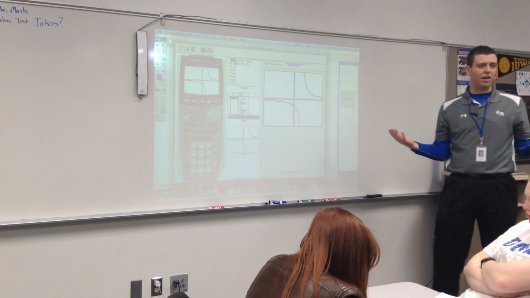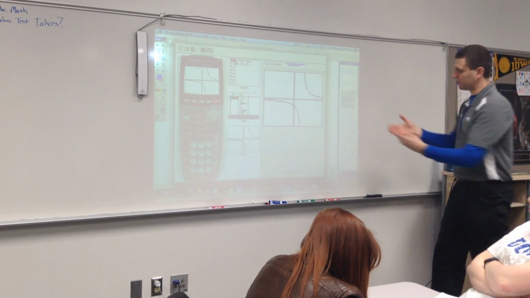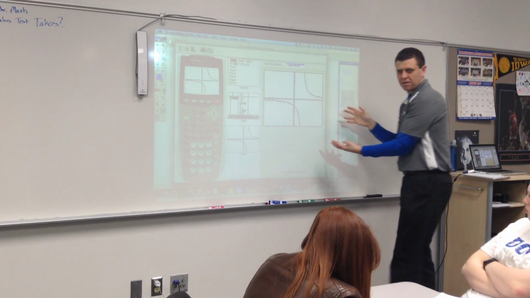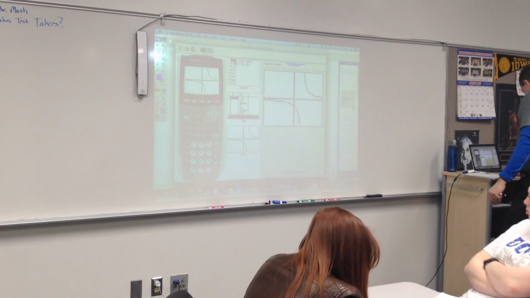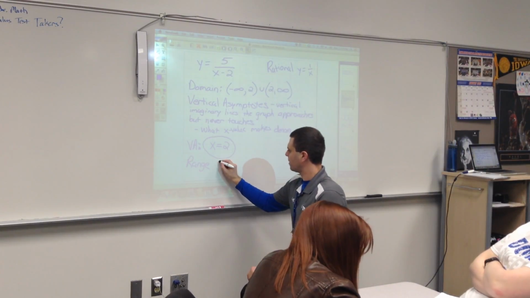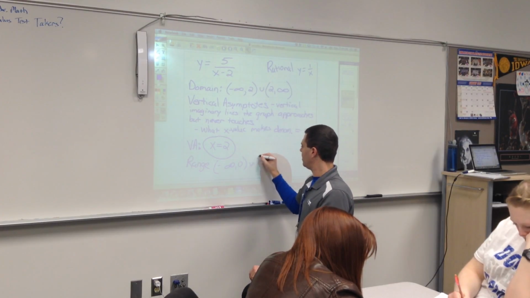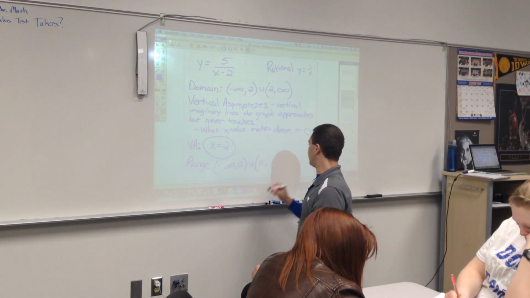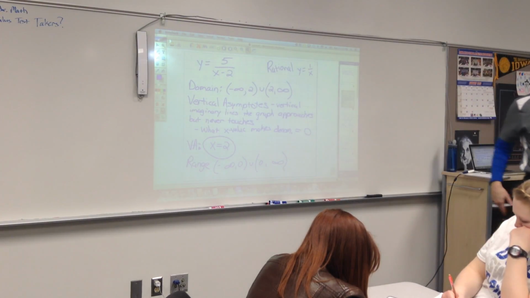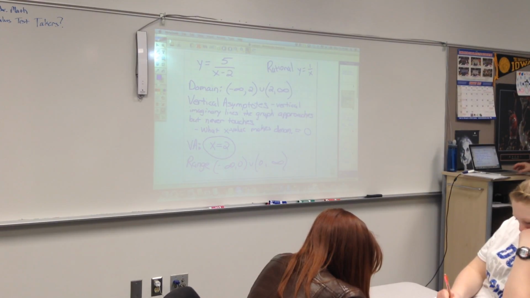So it touches every y value except what? 0. Can you guys tell that from looking at the graph here? So what am I going to write down for my range? Negative infinity to 0, and 0 to positive infinity. So range I get off my graph.